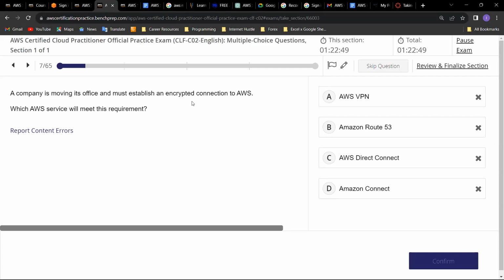Let me put this one down. This is question 7. The previous one was A and D. So question 7. Okay, so I see C. Benji also says C. Godman says C. Derek says C. So how many A's? 1, 2, 3, 4, 5, 6.